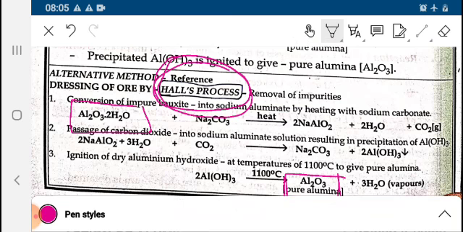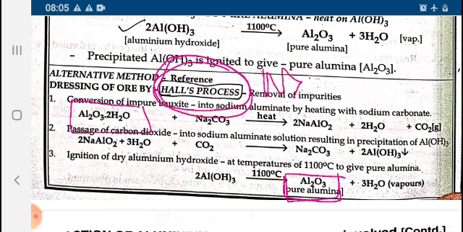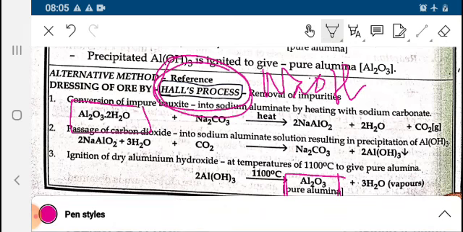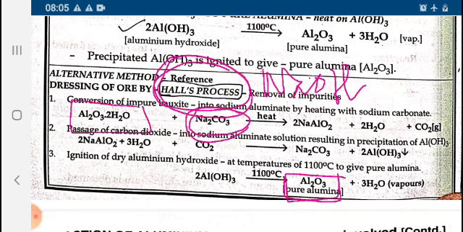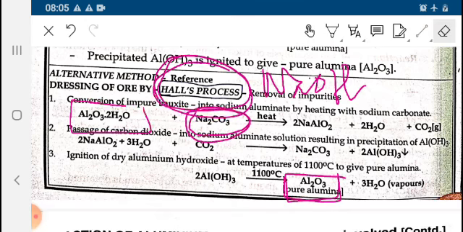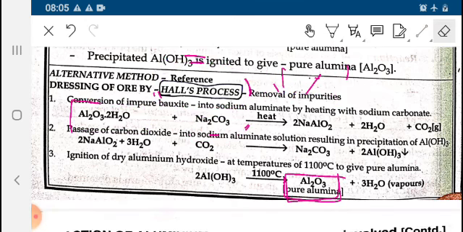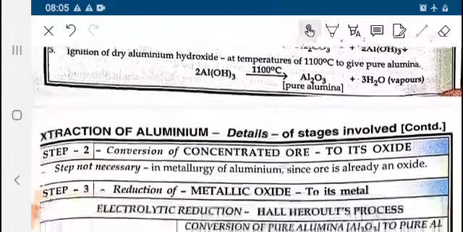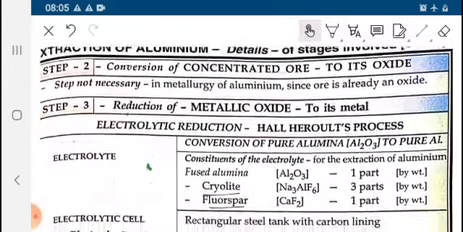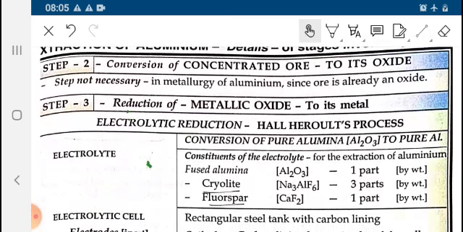The only difference is, instead of NaOH, in Hall's process Na2CO3 is taken. NaOH is replaced by Na2CO3. Rest is the same.